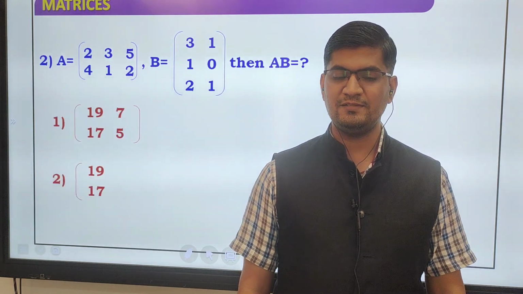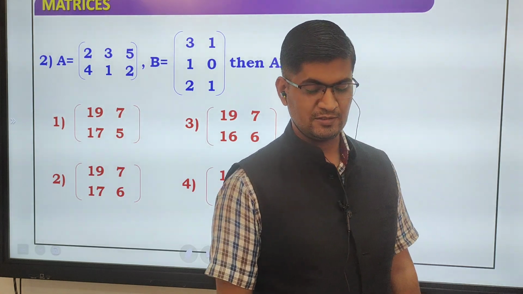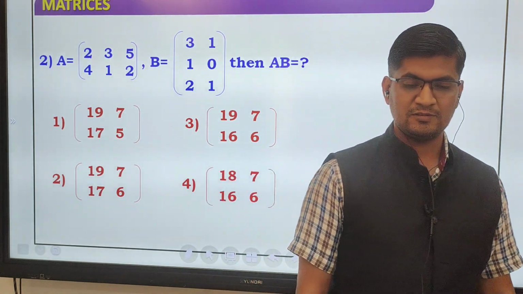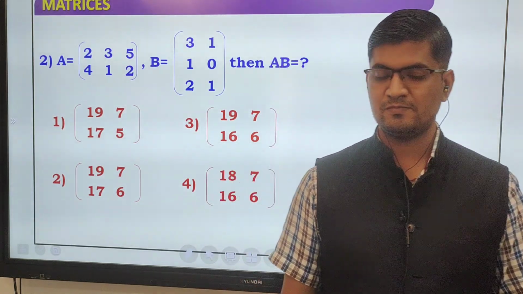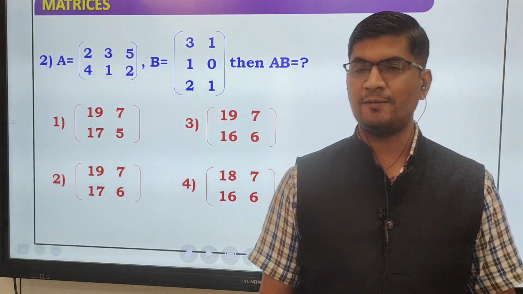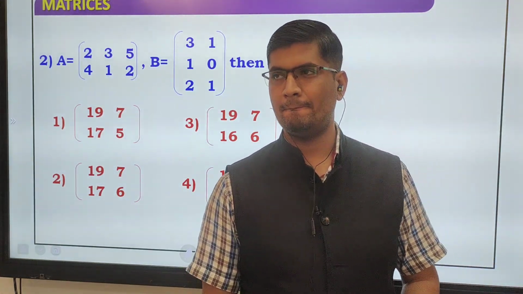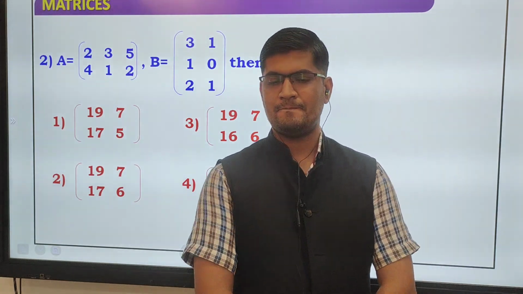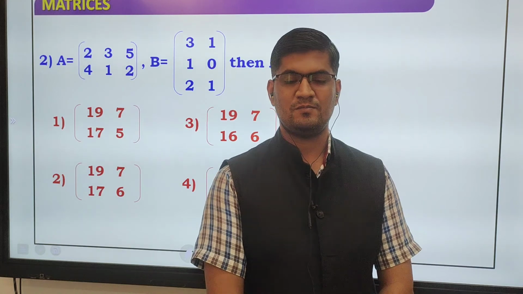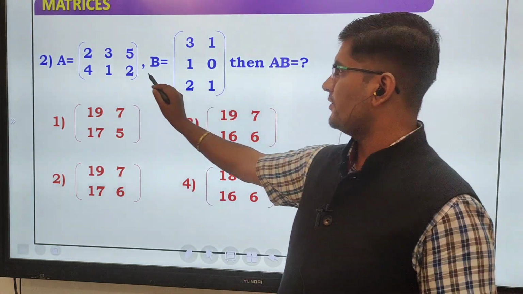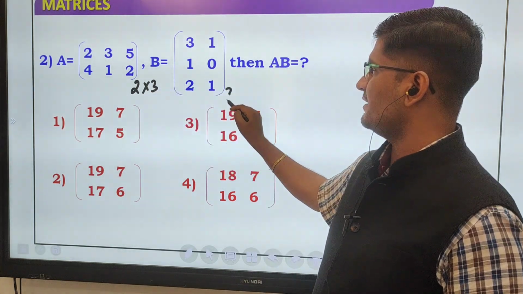Then AB will be... Start solving and tell me the answer. First you have to check the order. So 2:3, here you have to write 3:2.